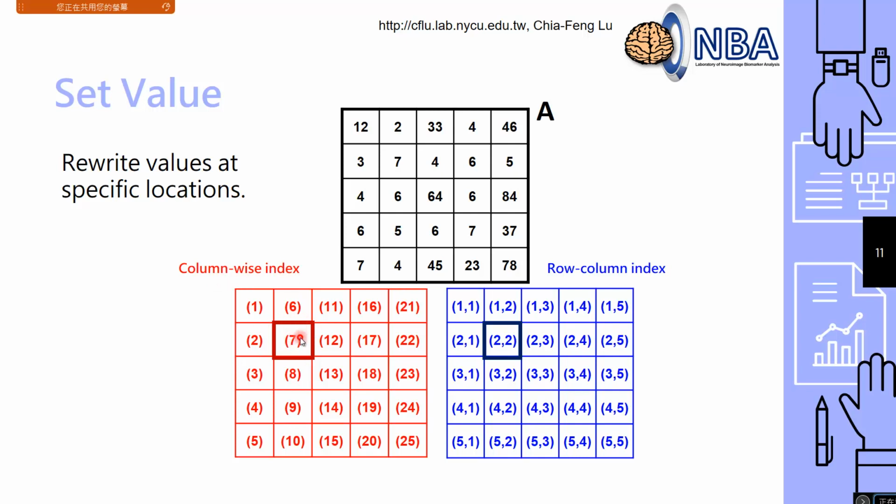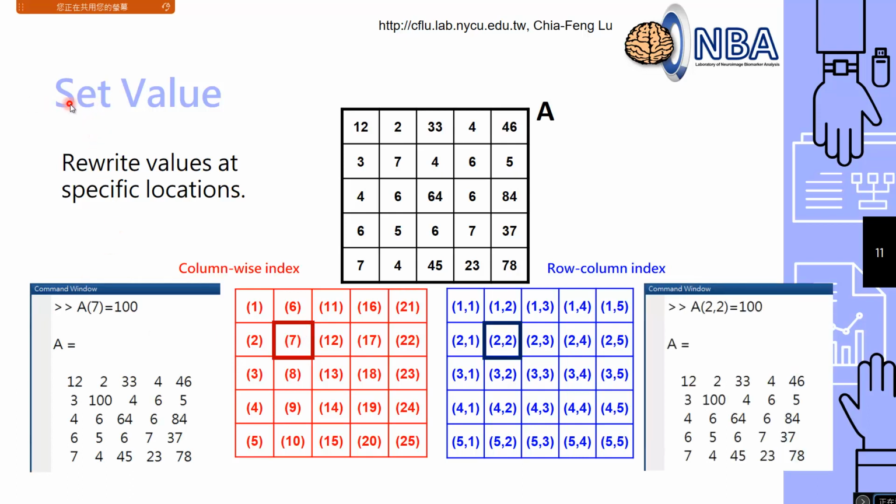Set means assign. So you can assign 100 to the 7th location using the column-wise index. Now you can see the new matrix looks like this: the original 7 is replaced by 100 because of this assignment.